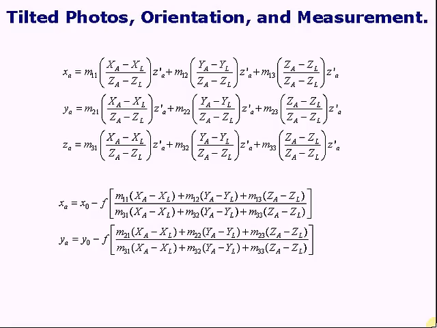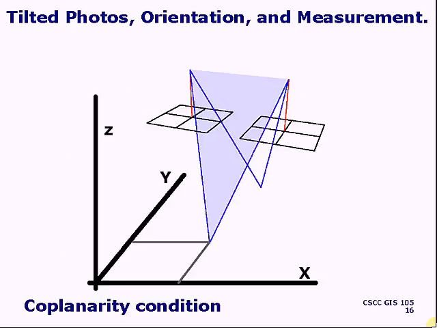Well, there's one more concept that we need to understand without looking at any of the equations from here on out. You need to understand the idea of the coplanarity condition.